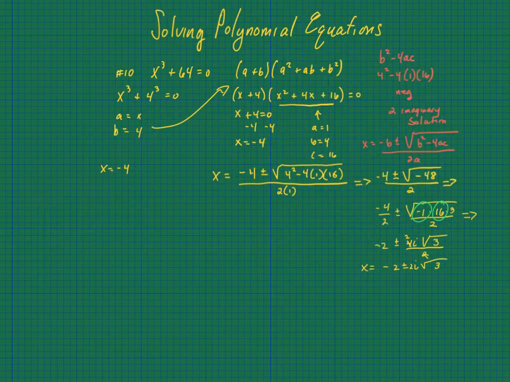So looking back, we have 3 possible solutions. We have x is negative 4, and then we have x is equal to... All right, if I go back here and I make some corrections, this should have been a negative all along, right here, and this should have been a negative all along.